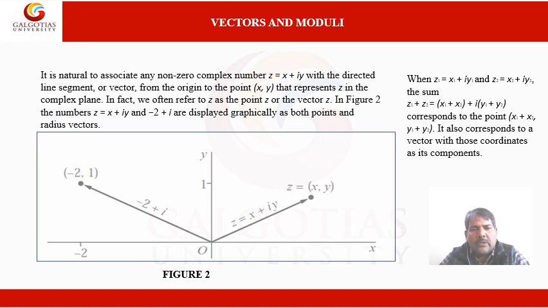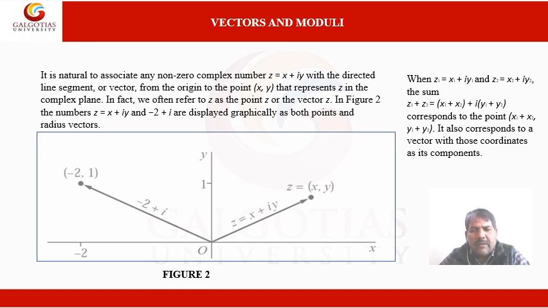It is natural to associate any non-zero complex number z equal to x plus iy with the directed line segment or vector from the origin to the point (x, y) that represents z in the complex plane. In fact, we often refer to z as the point z or the vector z. In figure 2, the numbers z equal to x plus iy and -2 plus i are displayed graphically as both points and radius vectors.